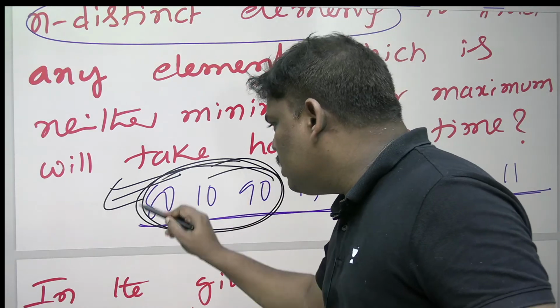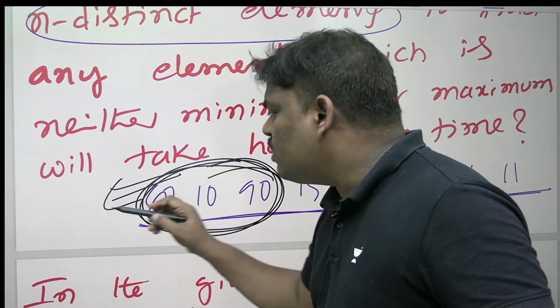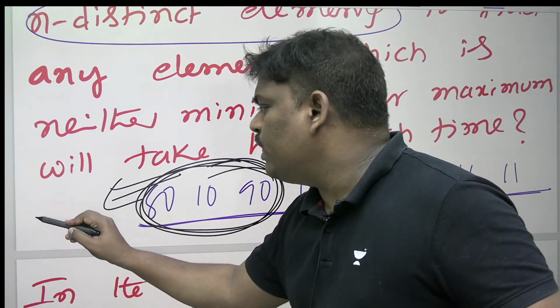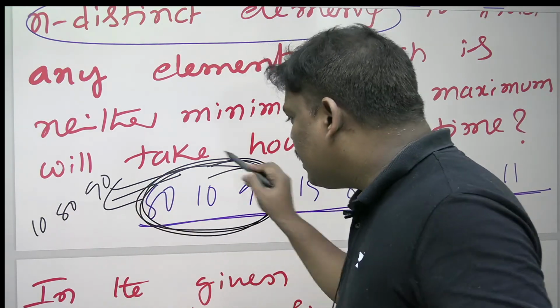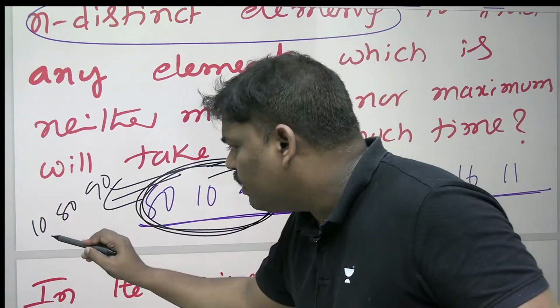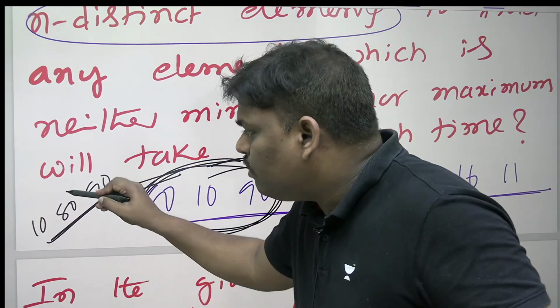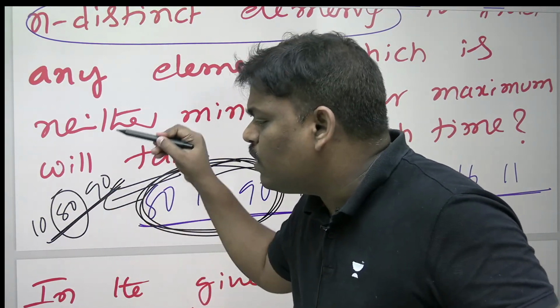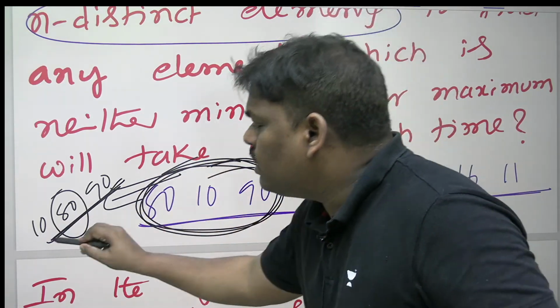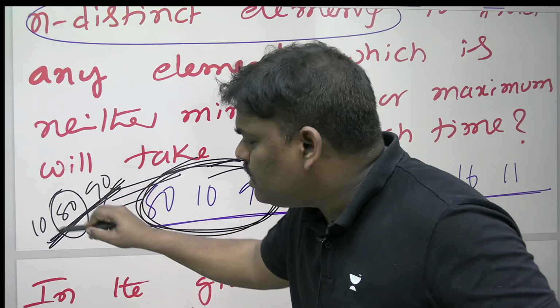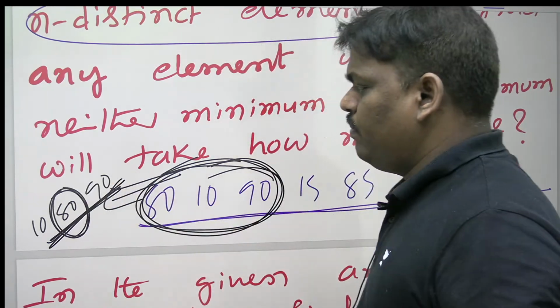Take the first 3 elements and sort them: 10, 80, 90. Then the middle element is neither minimum nor maximum.